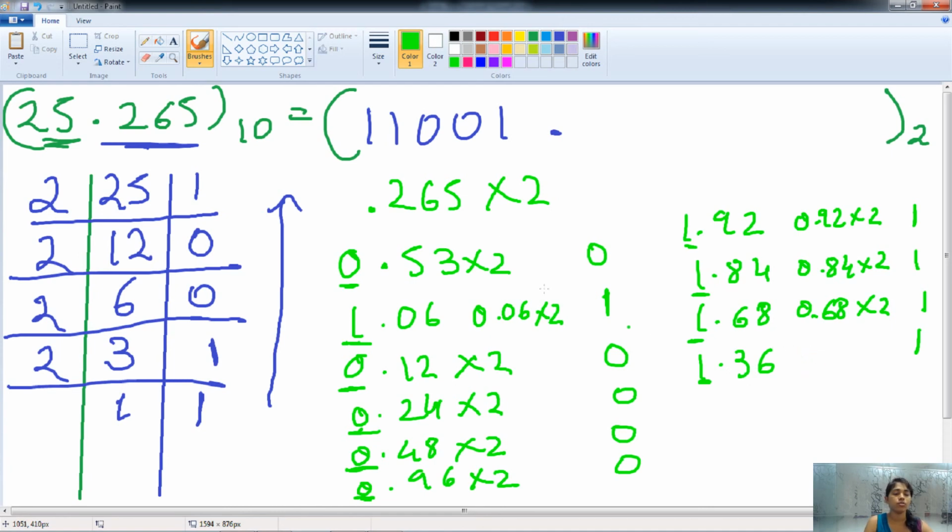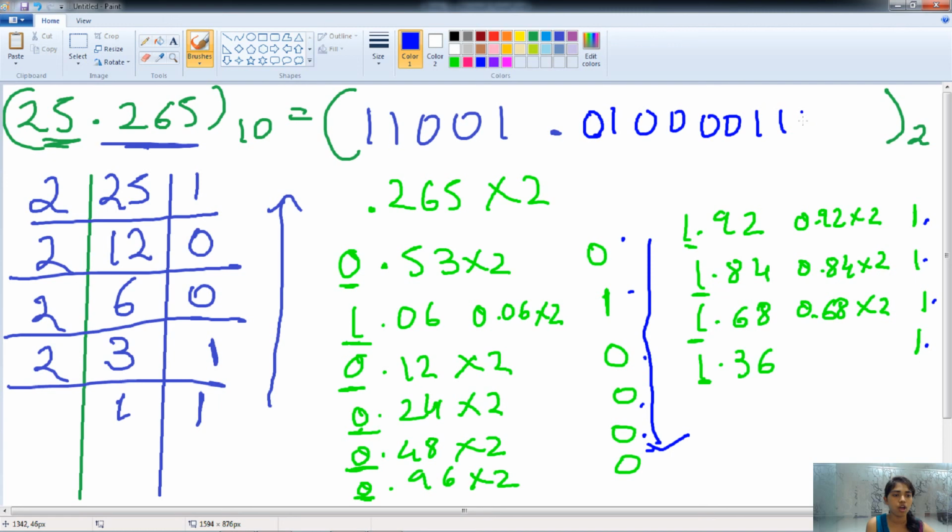So what do we do now? For that, we just have to write this answer like this. Here you have to go from top to bottom, right? So 0, 1, 0, 0, 0, 0, 1, 1, 1, 1 and then dash dash dash, right?